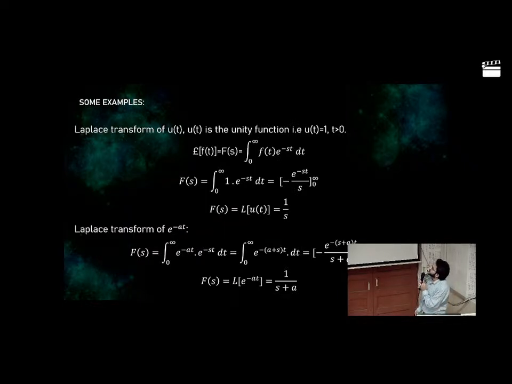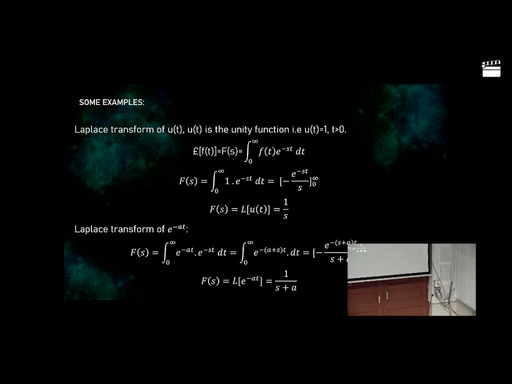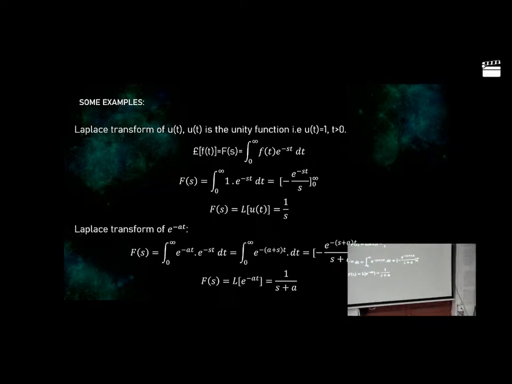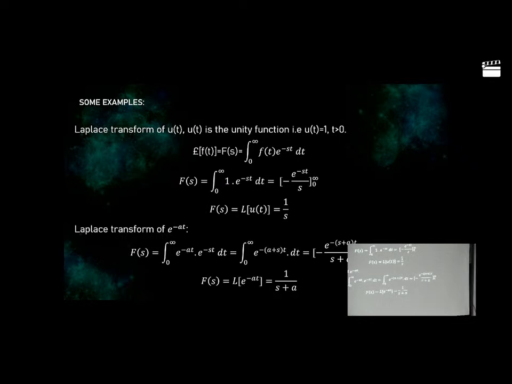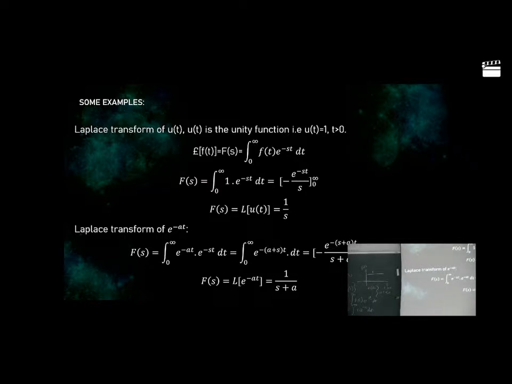So here is an example. Just as I said, take the unit step function u(t) equal to 1. In this case, F(s) will be the integral from 0 to infinity of 1 times e to the power minus st dt. This will be e to the power minus st by minus s, with limits 0 to infinity.